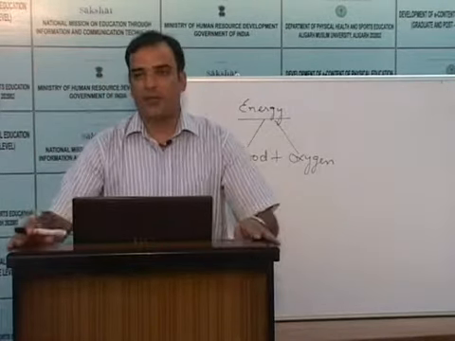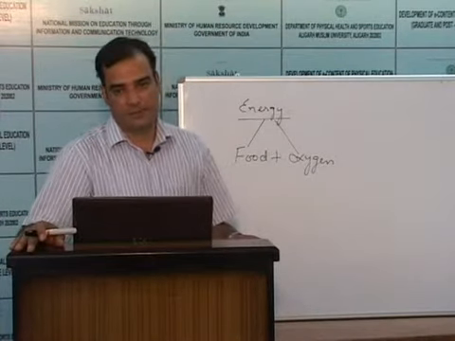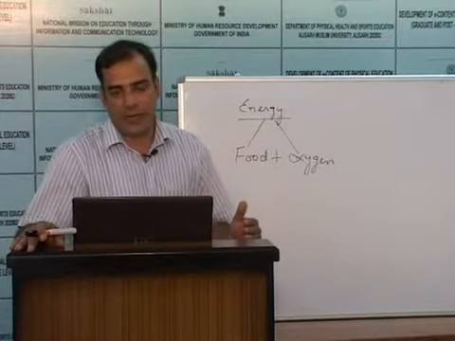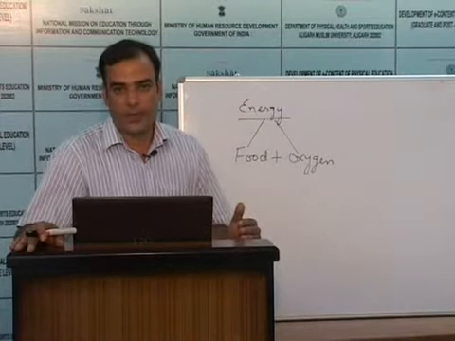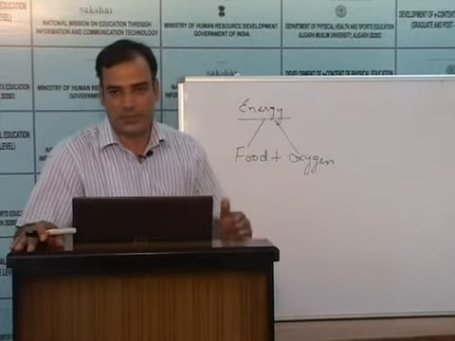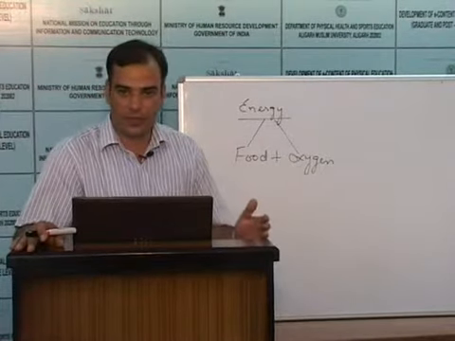Now the next organ that is also involved in this process of excretion is the liver. The liver is basically the largest gland of our body. It's also an accessory gland of the digestive system. It performs many functions, like metabolic functions.